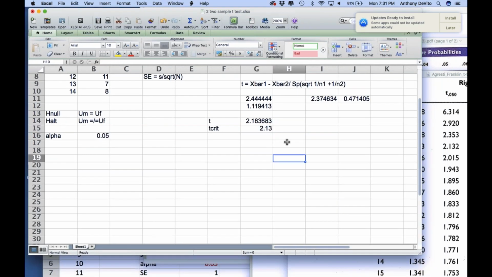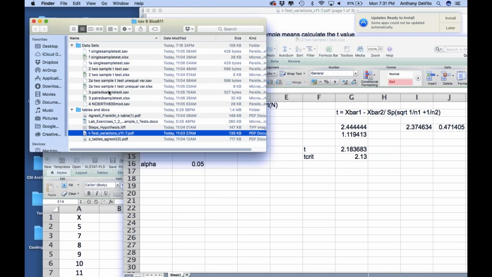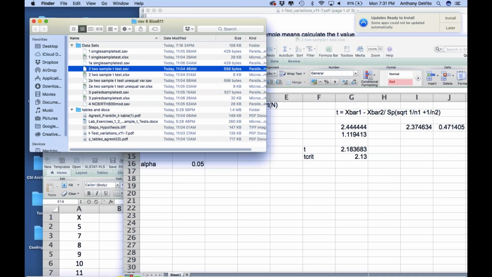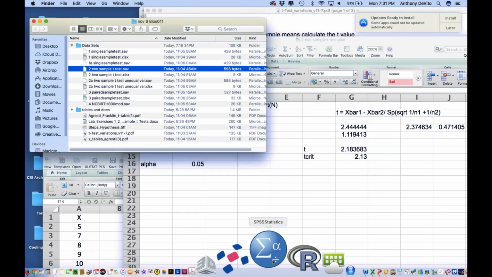Okay, so at any rate, let's do the same thing now in SPSS. There's a file on Blackboard, which if you right click on it and download it, you can drop it on your desktop, called sample t-test.sav.